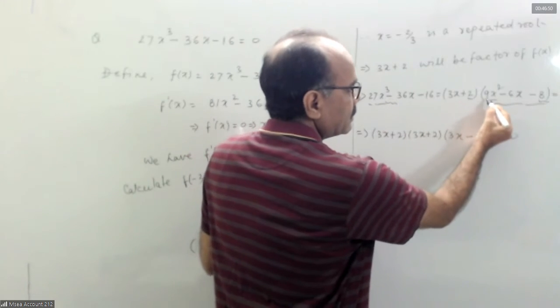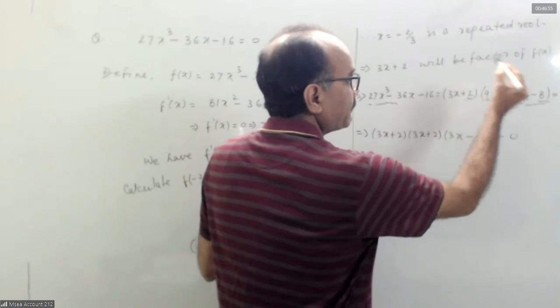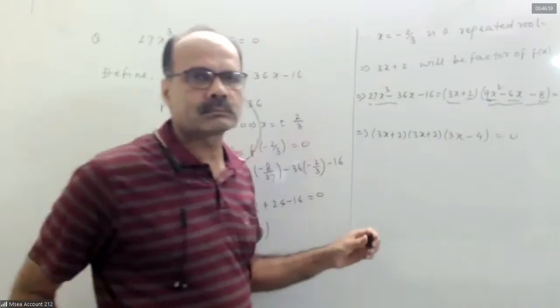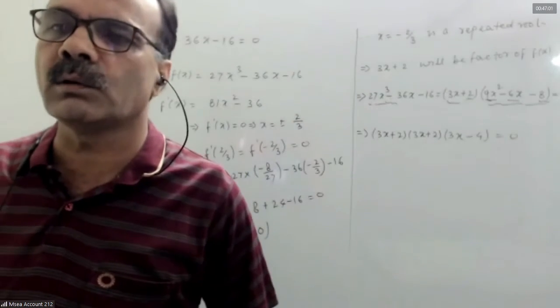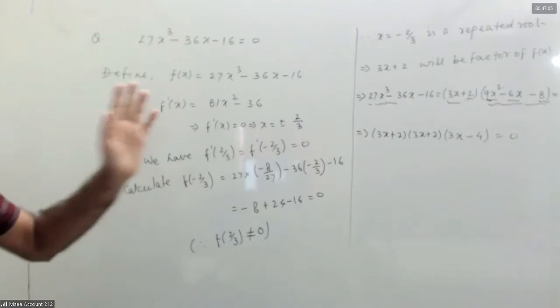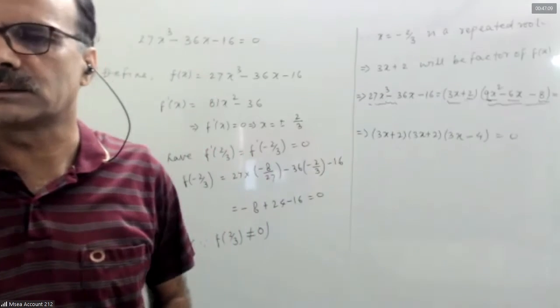We will get the x square term plus 18x square, so we want minus 18x square. This into minus 6x is minus 18x square. There will be no other term involving x square. So without dividing, without anything, you can factorize.